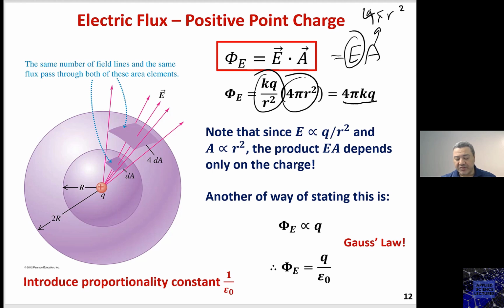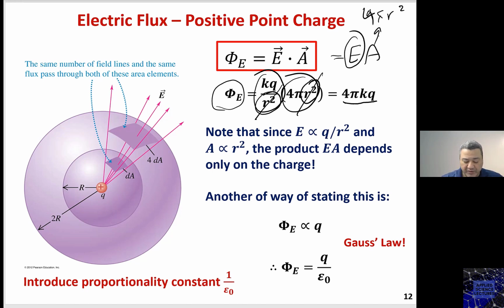Now, the interesting thing to notice here is that the area is proportional to r squared, and the electric field is divided by r squared, which means they cancel, which means that the flux does not depend on the distance. This is a very important point. The flux does not depend on the distance.